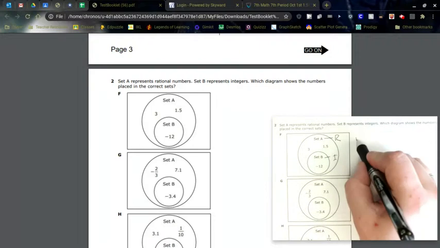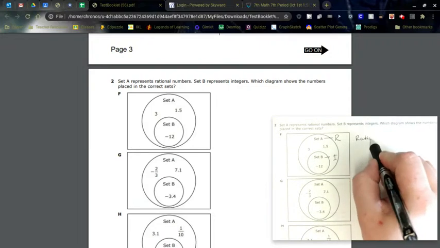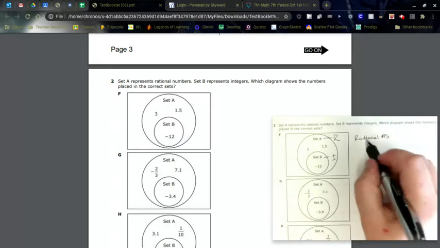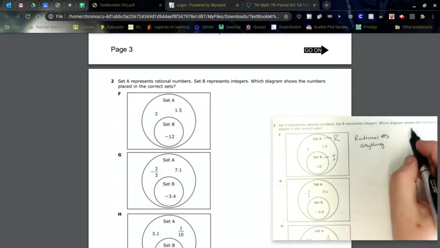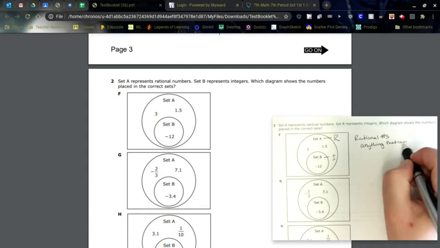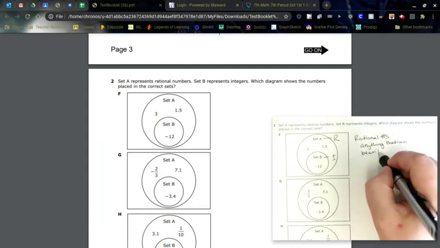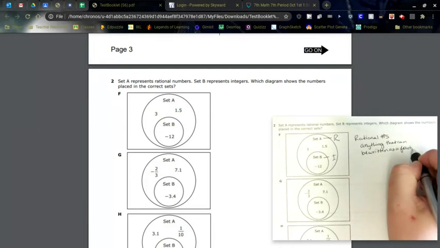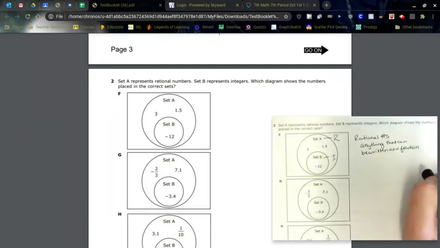Remember, rational numbers are anything that can be written as a fraction.